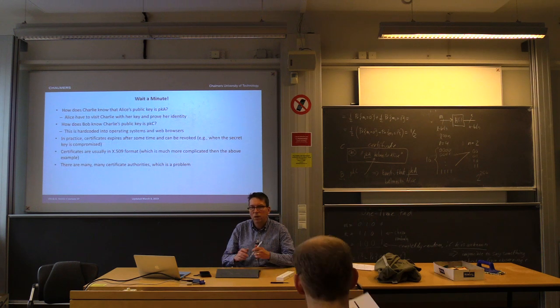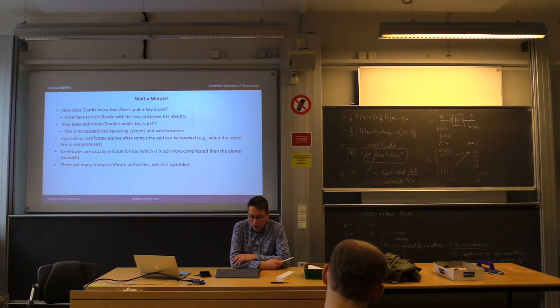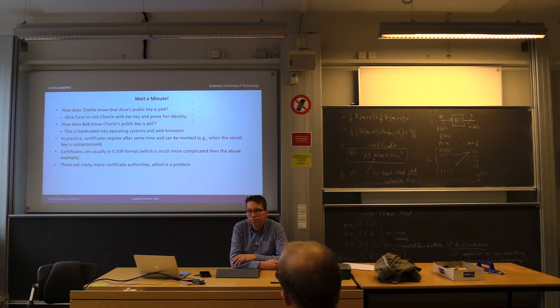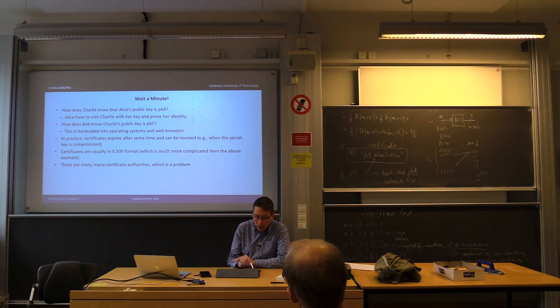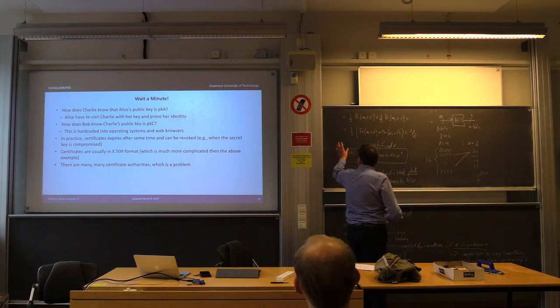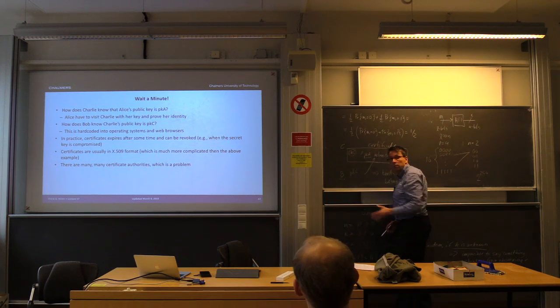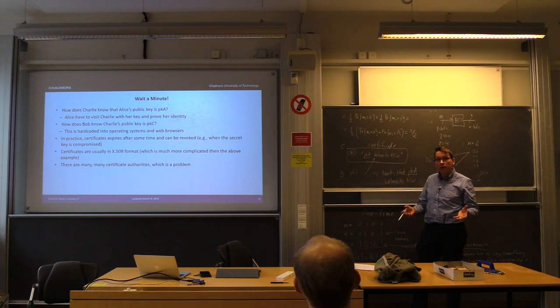So wait a minute here. How does Charlie know that Alice's public key is PKA? So Alice actually has to go to Charlie, prove her identity, and say, okay, here's my public key.